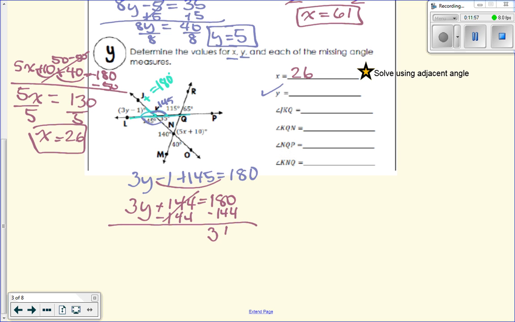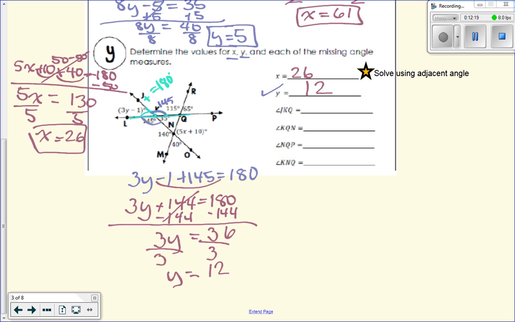So that leaves us with 36 on this side and 3y divided by 3. And y equals 12. Questions? We're good?